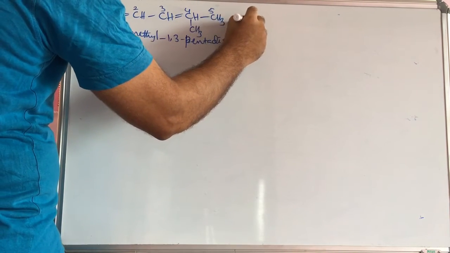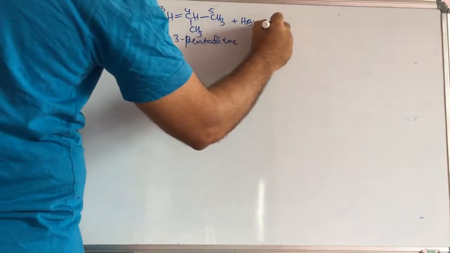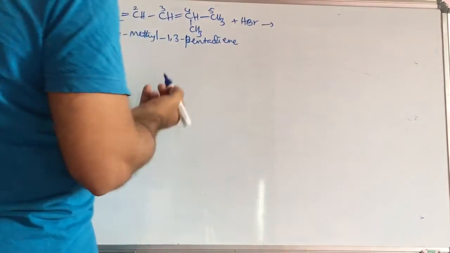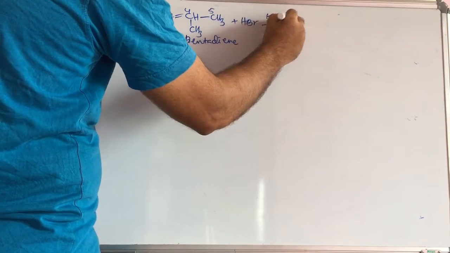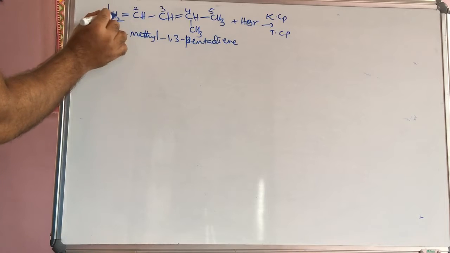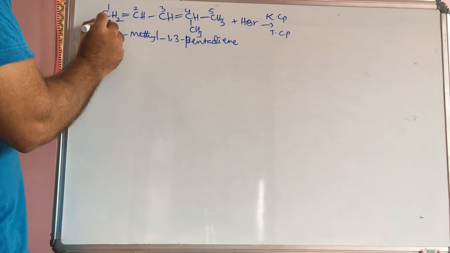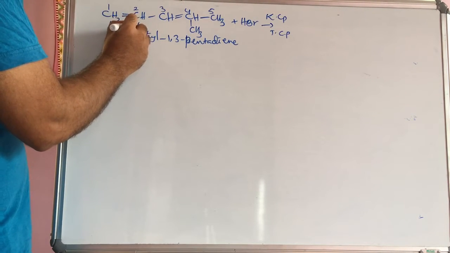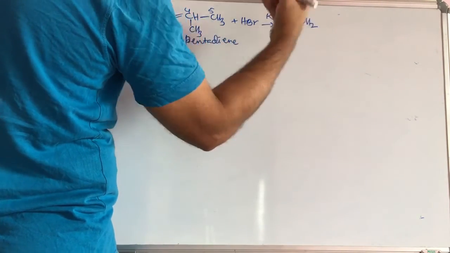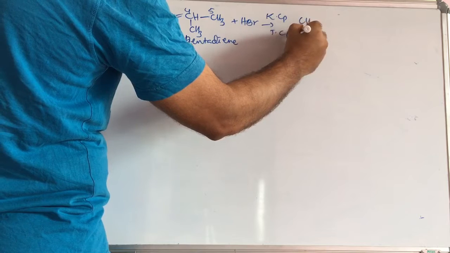This reacts with, for example, HBr or HCl, consider. Then what will be the major product, the kinetically controlled and the thermodynamically controlled product? In this one, if it is the 1,2 position, meaning here hydrogen adds, here bromine adds. Then we will get here CH2... I am not writing the mechanism now, the mechanism is already completed. You have to understand this in the same way.